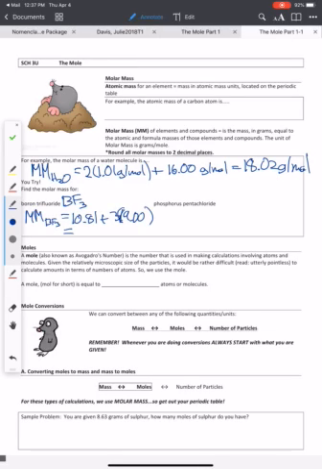So 10.81 plus 3 times 19 should give us 67.81 grams per mole. And then finally phosphorus pentachloride. That would be PCl5. So it's going to be the molar mass of phosphorus plus 5 times the molar mass of chlorine, which should work out to 208.22 grams per mole.